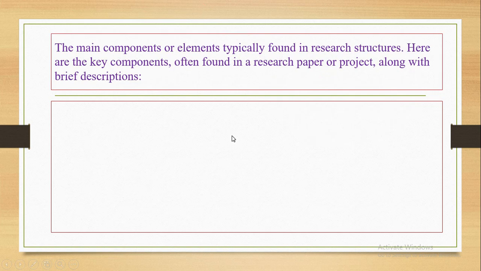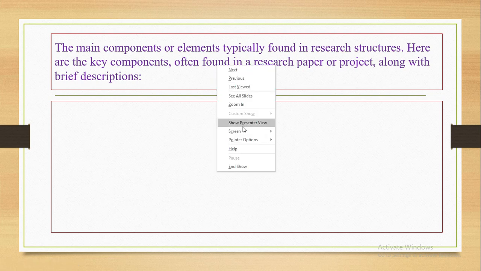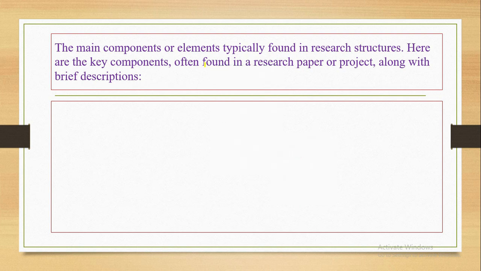So the main components or elements typically found in research structures. Here are the key components often found in research papers or projects, along with brief descriptions.